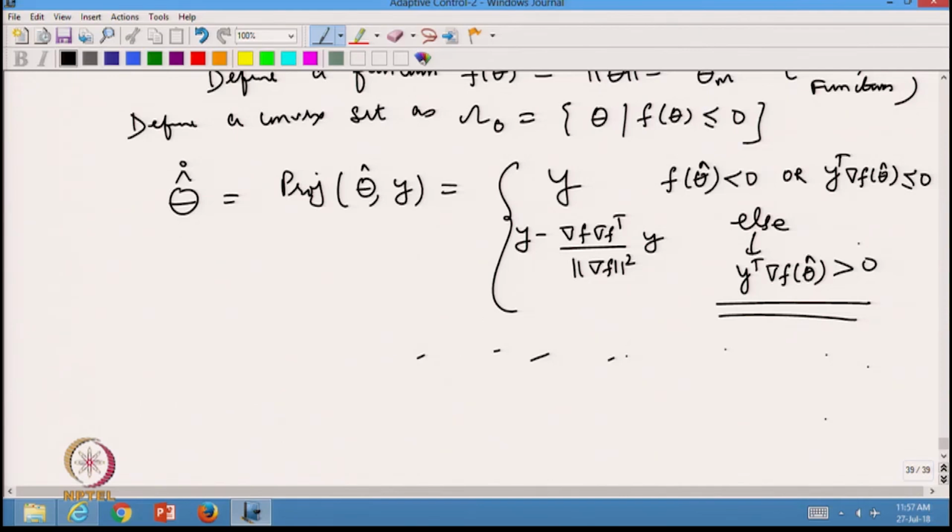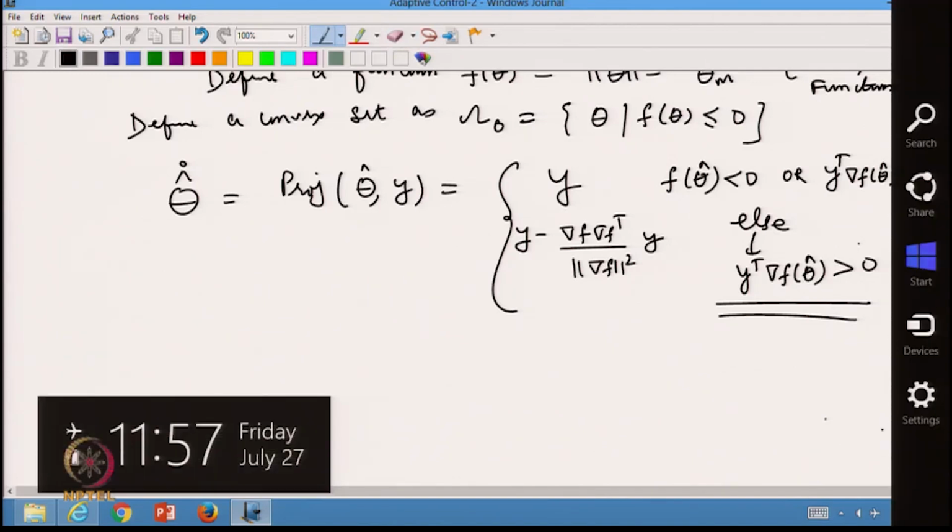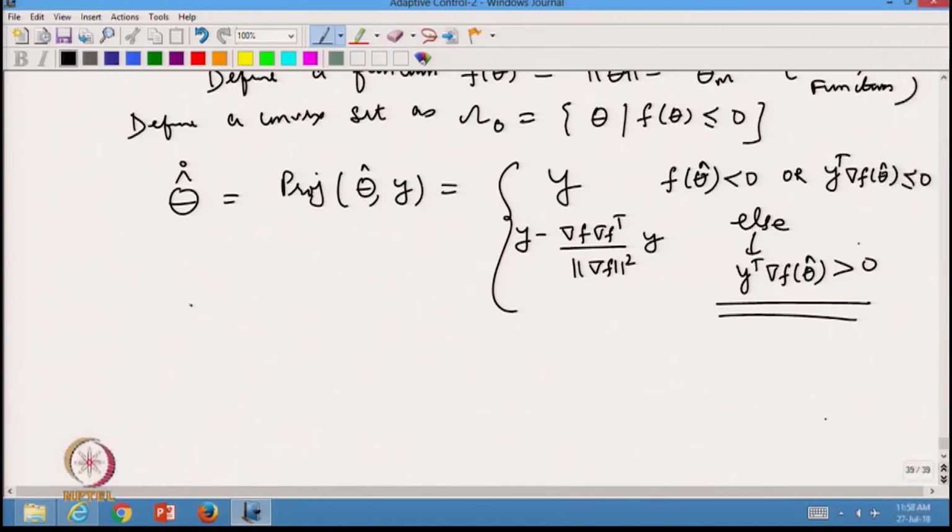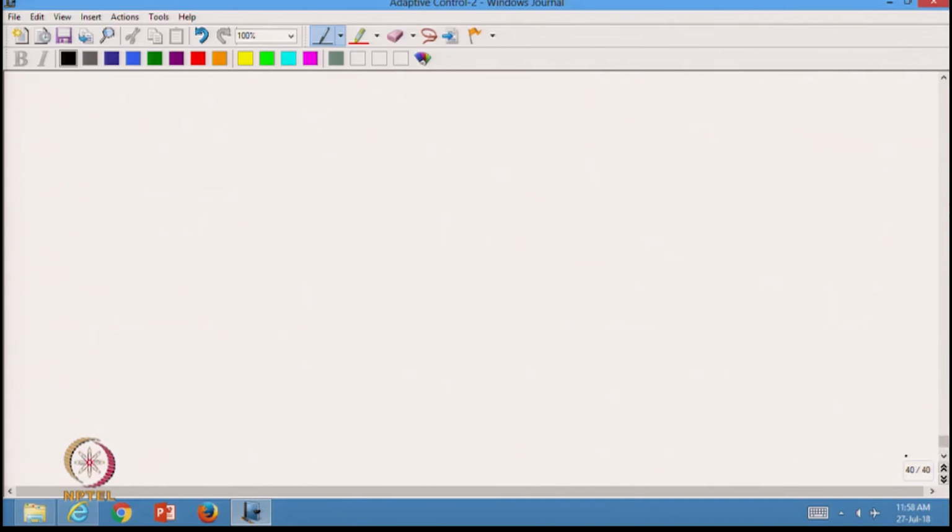So in that case we want to project it back. Of course, here we considered that initially at t equal to 0 we start within the convex set. So theta hat of 0 has to be less than or equal to theta m, and we assume that theta m is known.